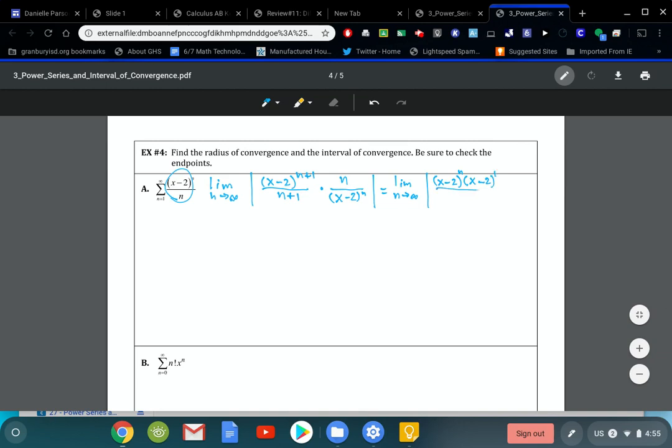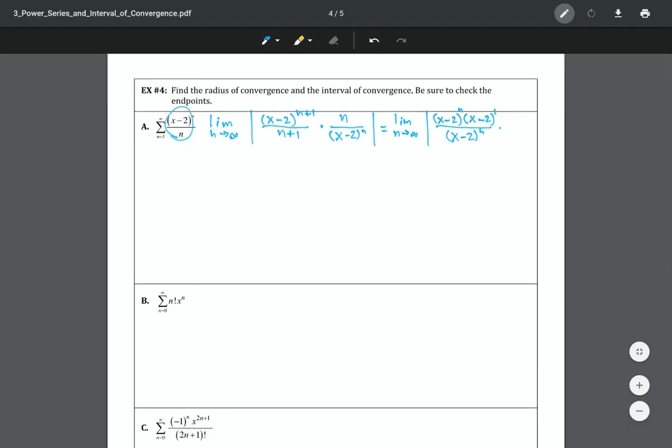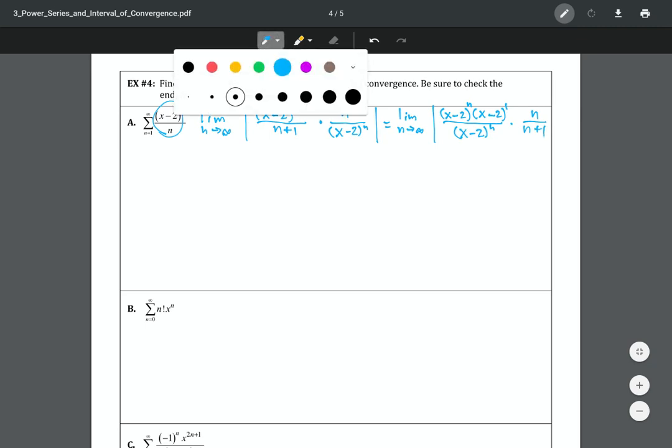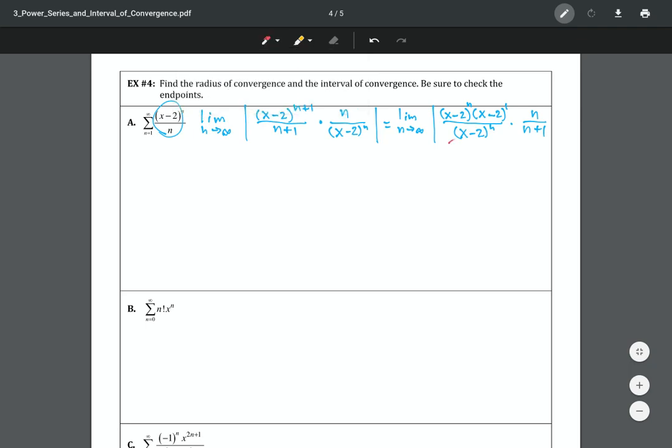And I'm going to put the (x minus 2) to the n over here, and then I'm going to separate like that. You may not understand why I'm doing that right now, but just hang in there with me. I'll show you why. All right, so now I have n over n plus 1, and I think that's it. Notice that this and this are going to cancel.